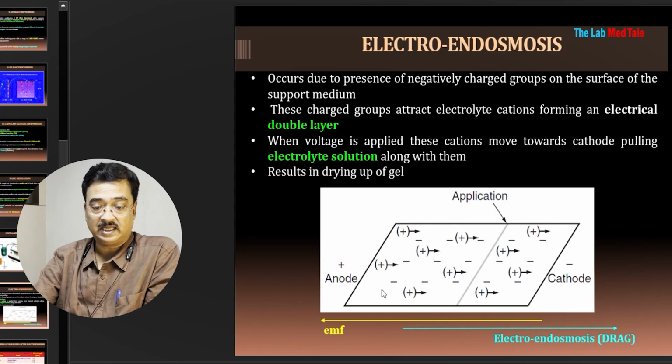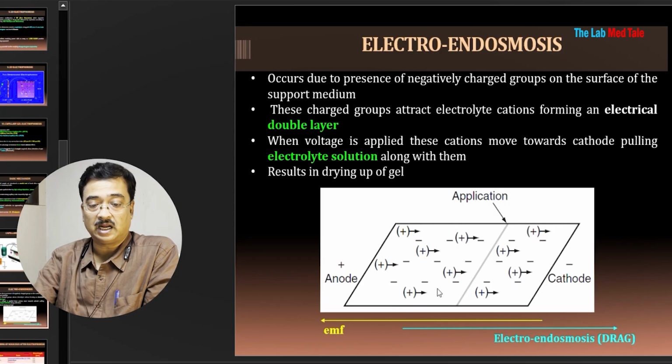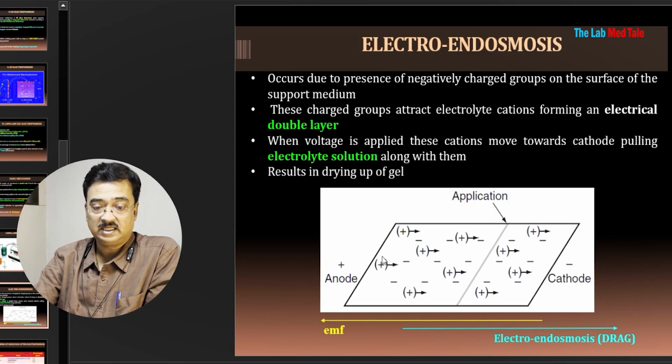Around them there is a cloud of another ion. Once you start application, what happens? All this positive charge is fixed in the gel, so it is unmovable, and it has an ion cloud of negative ions around it.